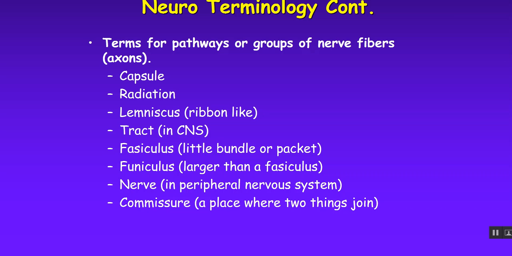So if you hear terms like capsule, radiation, lemniscus, tract, fasciculus, funiculus, nerve, or commissure, all those terms are associated with groups of axons. Either the group of axons itself, or a surface structure with a group of axons running beneath it as some kind of pathway or connection.